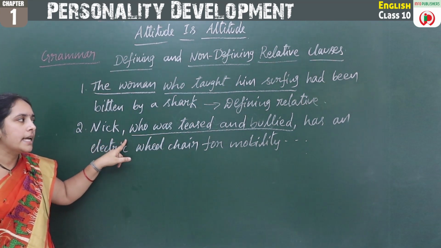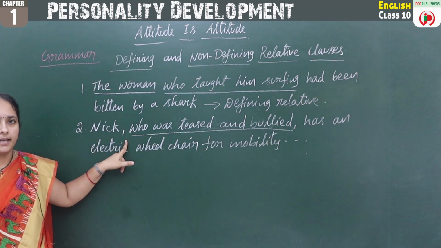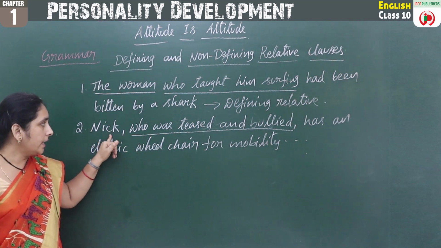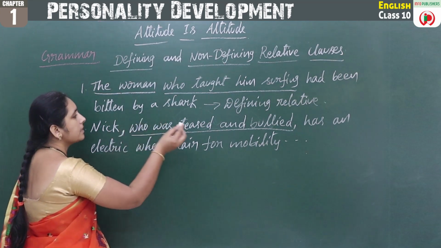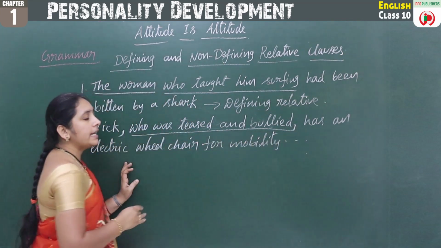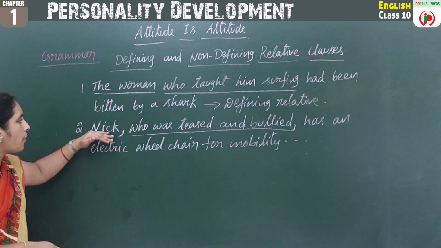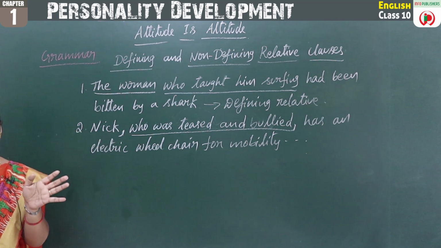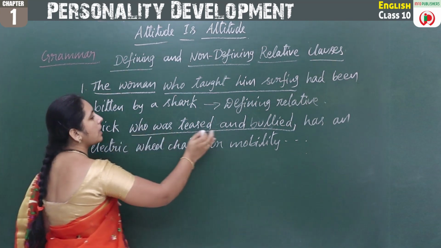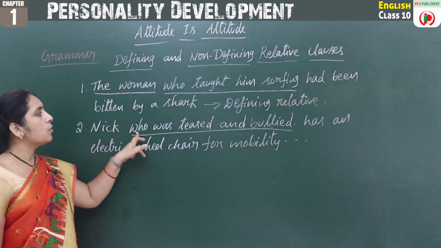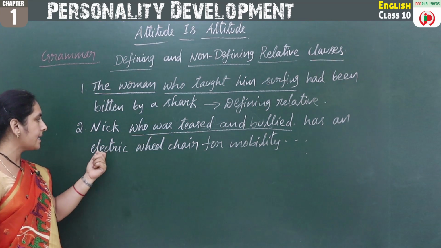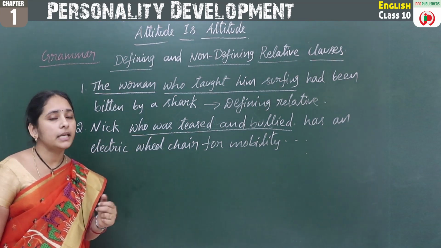Of course, looking here, it also explains this person. But how is it? Nick, who was teased and bullied. By getting the commas, now it is not defining; it is giving information about this person. That is the variation. Suppose we don't have commas here: Nick who was teased and bullied has an electric wheelchair for mobility.